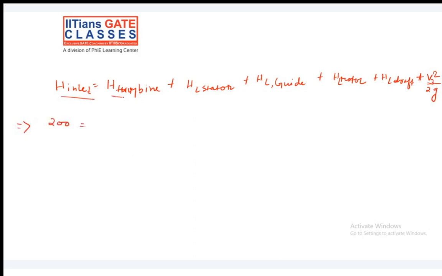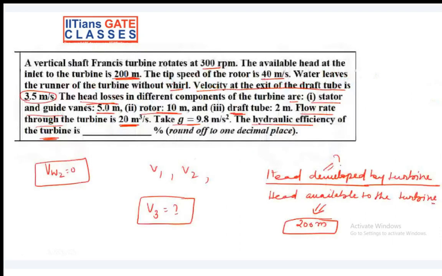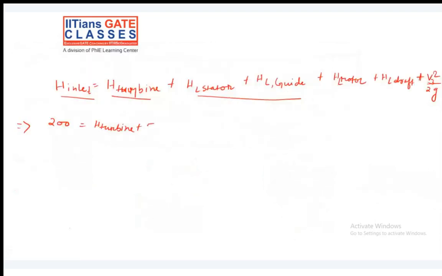We need to find out the head developed by the turbine. The head loss in stator plus guide vanes is given as 5 meter, the head loss in the rotor is given as 10, the head loss in the draft tube is given as 2, and V3 is given as 3.5.